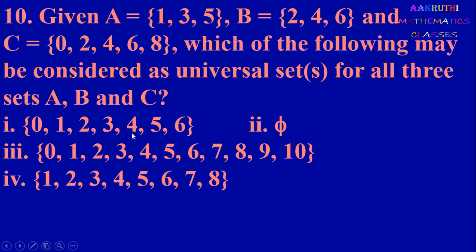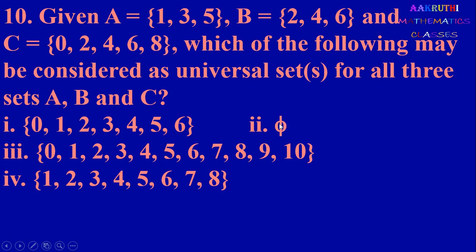Check whether this is a universal set or not. In set A we have 1, 3, 5, it is present here. In set B we have 2, 4, 6, it is present here. In set C we have 0, 2, 4, 6, 8, but 8 is not present here. Therefore, this set is not a universal set for these three sets. So 8 is present in set C, but 8 is not present in this set. Therefore, this is not a universal set.